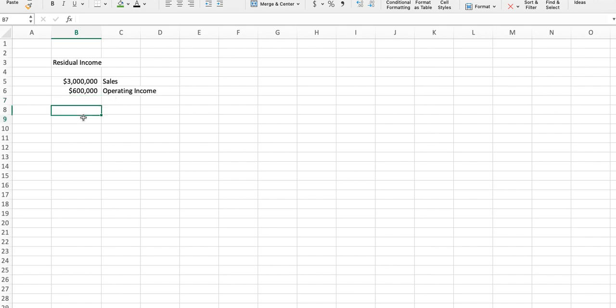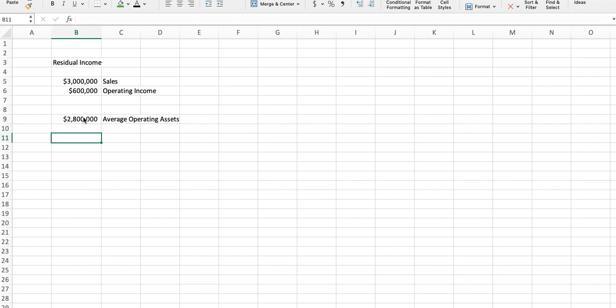Well, we've got to compare it to something to know if it's good or not. So let's say that our average operating assets are $2.8 million. And that's what we use to make this money, so to speak.